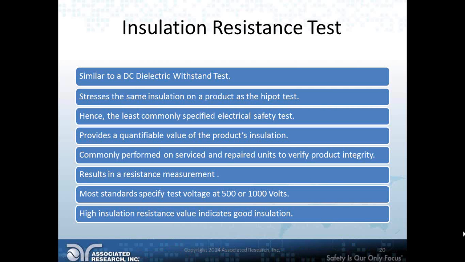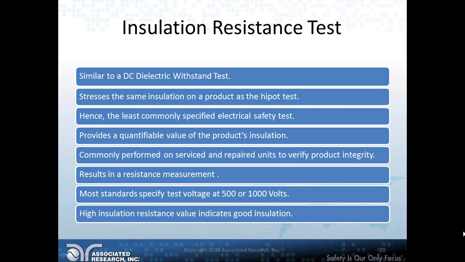The insulation resistance test is a qualitative test that gives an indication of the relative quality of a product's insulation system. This is an ideal test for studying, measuring, and recording long-term stability of insulating materials over time.